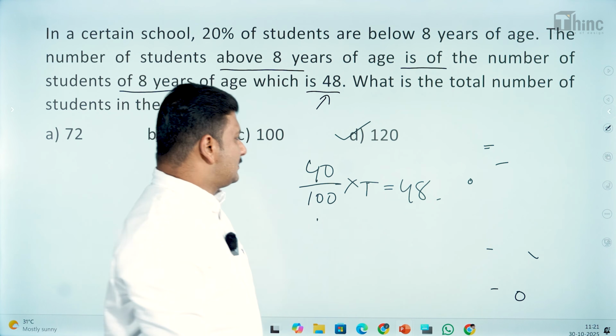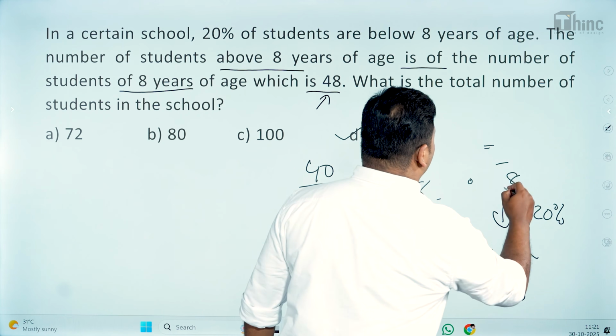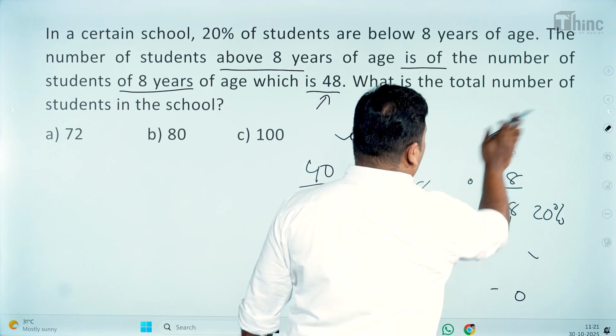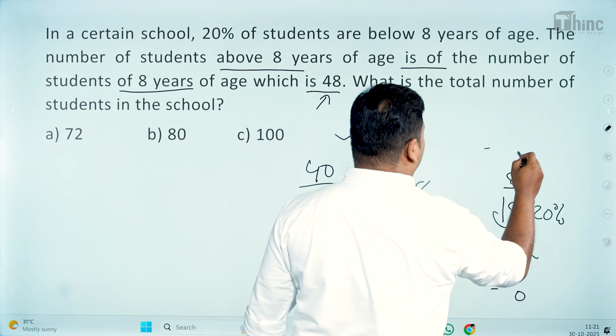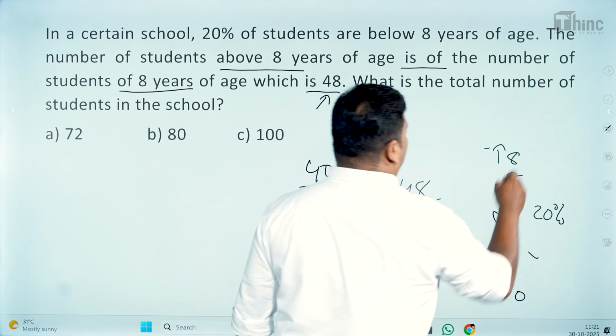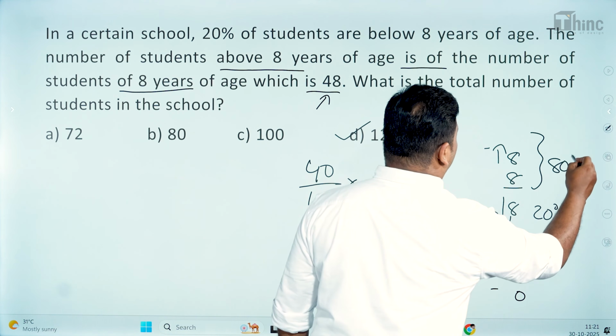Because below 8 years of age is 20%. At the age of 8 and above 8 is nothing but the remaining 80%, right? This is 80%.